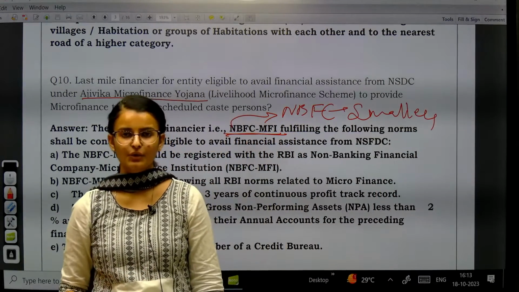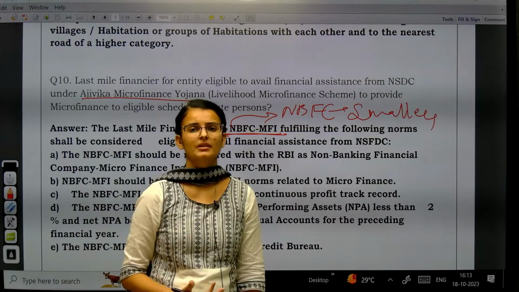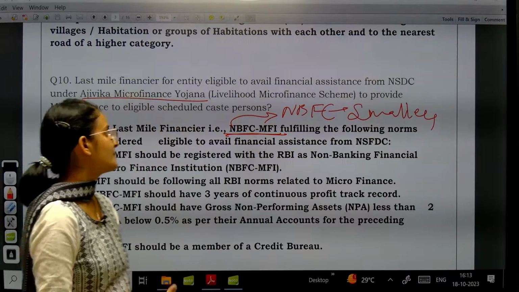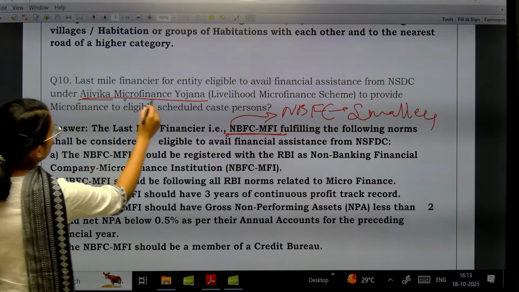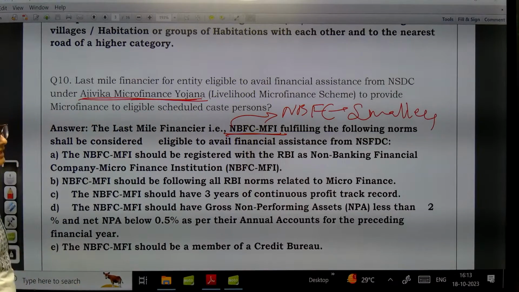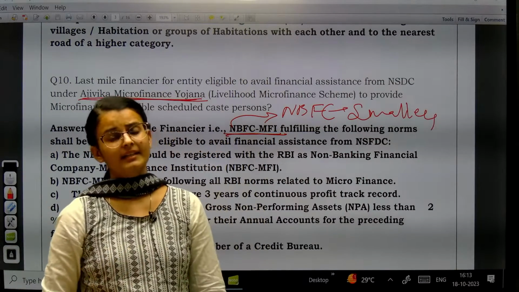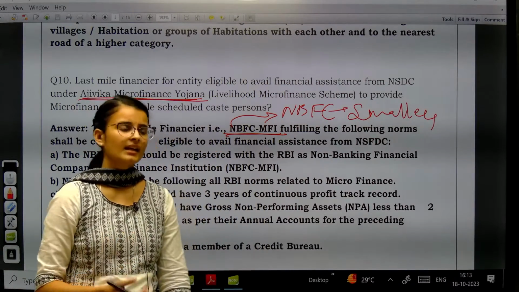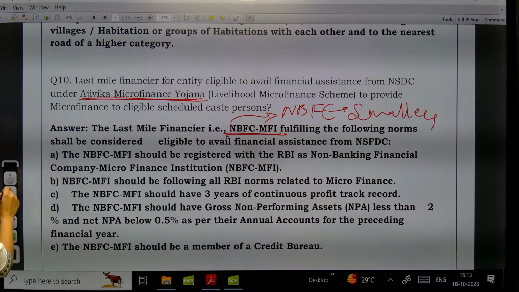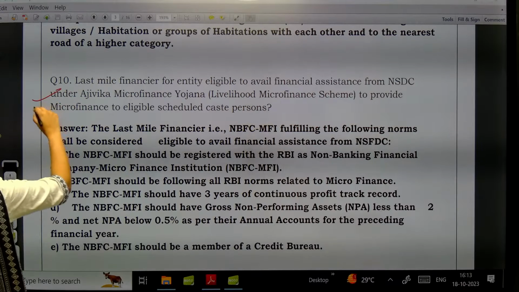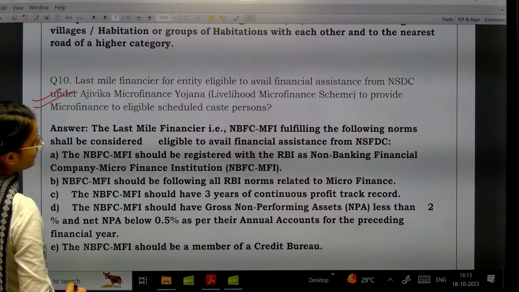They provide credit to rural people. They reach the last mile under this scheme, and this is basically the scheme to provide livelihood and develop the incubators so that they can get the required skill and live their livelihood to a good level. That's why the scheme was launched.